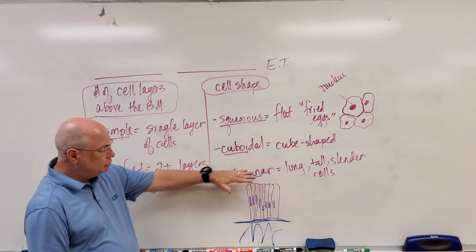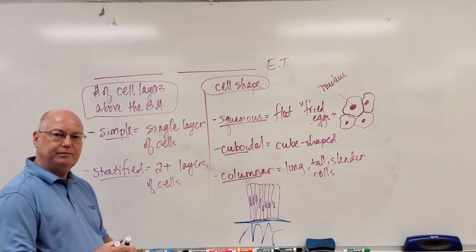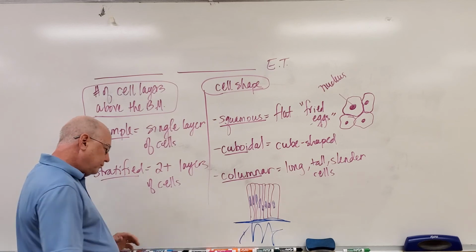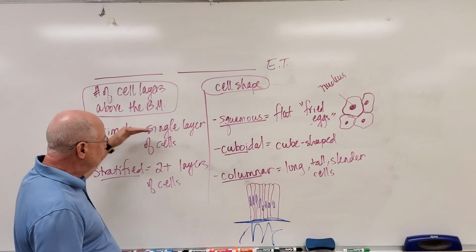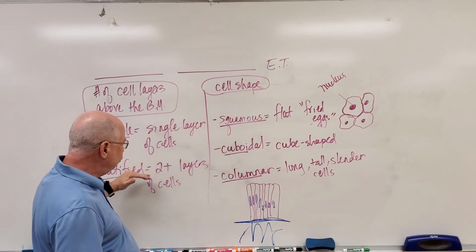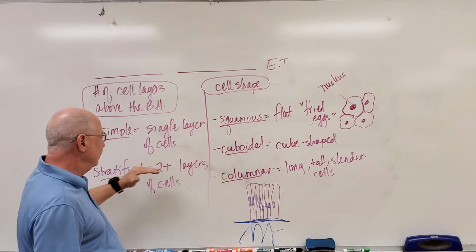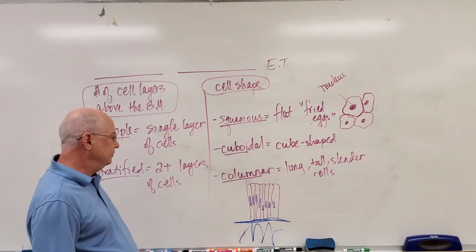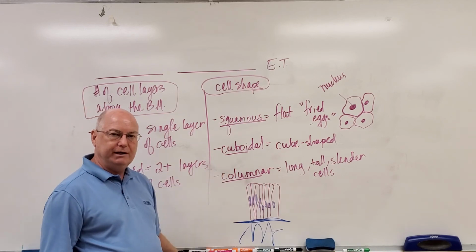If I had multiple layers, then it would be called stratified columnar epithelium. Okay? So now, so far we have 6 different tissues we can look at. Simple squamous epithelium, stratified squamous epithelium. Simple cuboidal epithelium, stratified cuboidal epithelium. Simple columnar epithelium, stratified columnar epithelium.